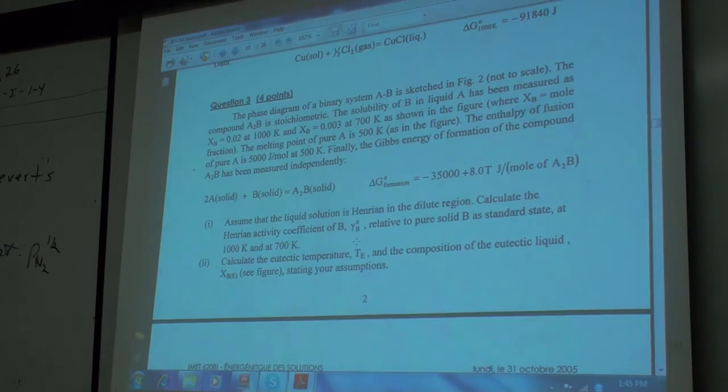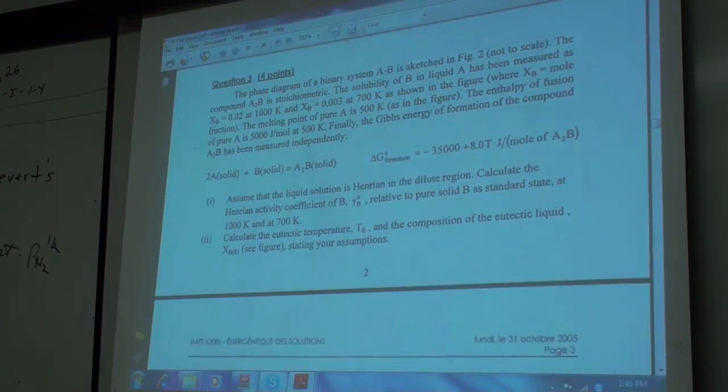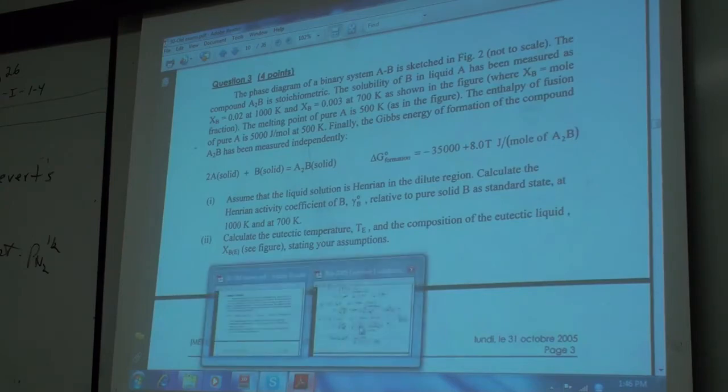That's the Gibbs energy of formation of the compound from the pure solid A and B. So the Gibbs energy of formation for that formation reaction from the pure solids is given by that equation. In the dilute region, we're assuming the liquid is Henrian. Calculate the activity coefficient relative to pure solid B as standard state at those two temperatures, and calculate the eutectic temperature and liquid composition. Okay, so let's go to the picture.